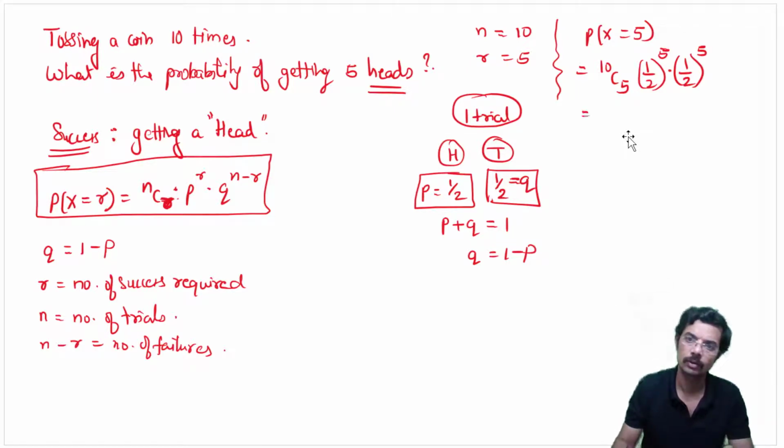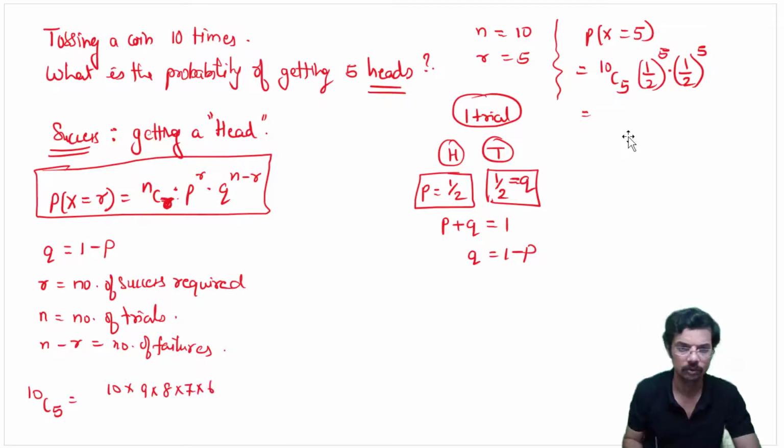So here, what is 10C5? We know how to calculate 10C5. Let me calculate that somewhere here. This is 10 into 9 into 8 into 7 into 6, divided by 5 into 4 into 3 into 2 into 1.